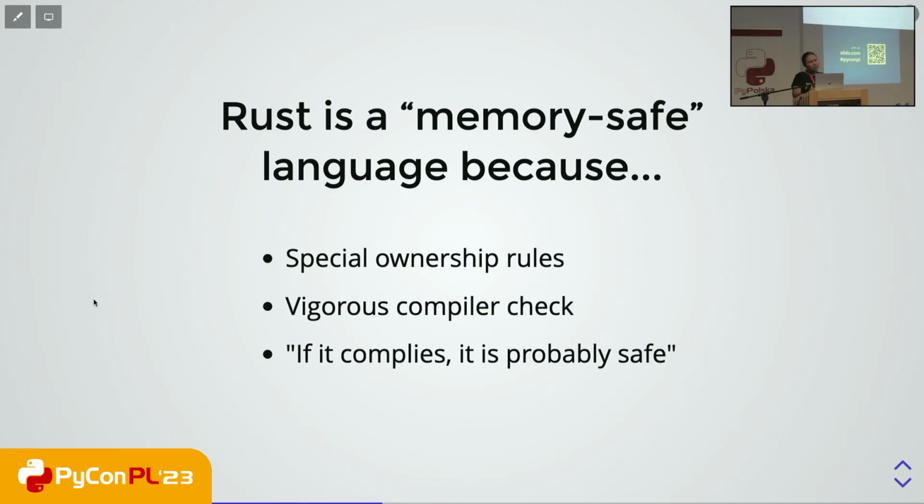Rust is actually a memory safe language. If you go and talk to other people about Rust, usually you hear this a lot: oh, Rust is memory safe. That's because Rust itself has this very special ownership rule that you can't find anywhere in other languages, as far as I know.